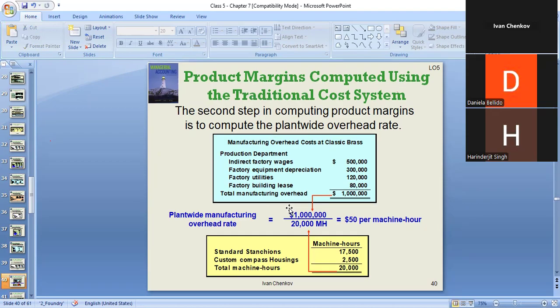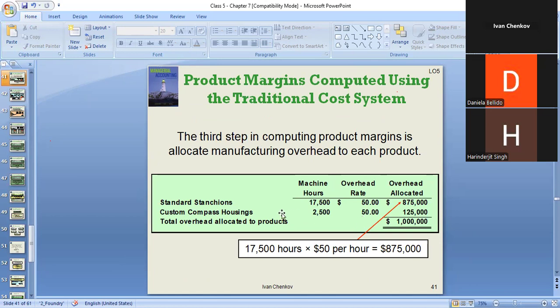Once we do that allocation, we are going to allocate to the standard sanction $875,000 out of 1 million, and for the custom only $125,000. Why? Because the standard is using 17,500 hours and the custom is using only 2,500.